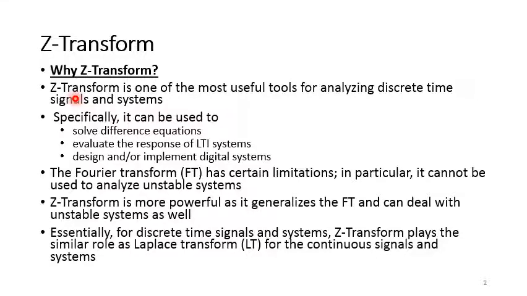So you know that we use the continuous time Fourier transform for continuous time aperiodic signals, and we use the discrete time Fourier transform for discrete time signals and systems.